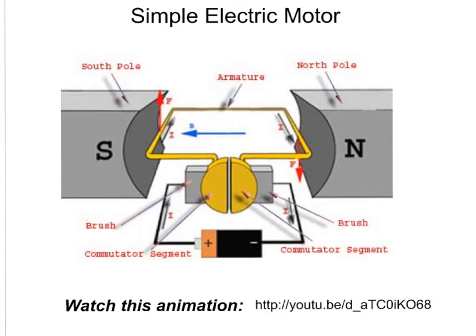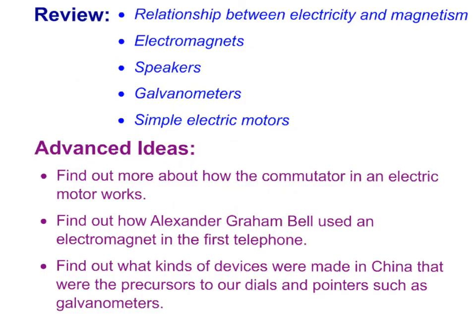And the inertia of the coil makes it continue rotating. The coil in this simple electric motor is going to continue to rotate unless the battery is removed or the energy source, whatever energy source is supplying the energy for this motor, is depleted, then this coil will stop rotating.